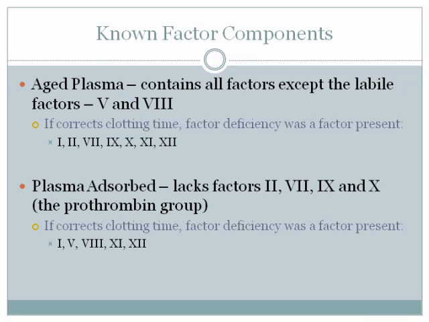By having a normal PT and a prolonged APTT, you should be able to rule that down to a set of choices. And then go through and look at all three corrected, meaning serum, aged, and adsorbed all had the factor in it to correct. So discuss it and let me know. Put in your response and submit it, and then we'll take a look at what your thoughts are.